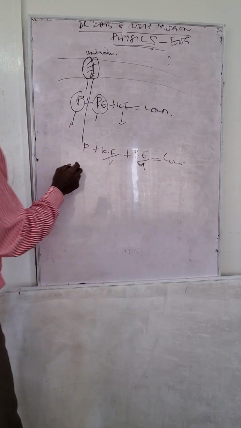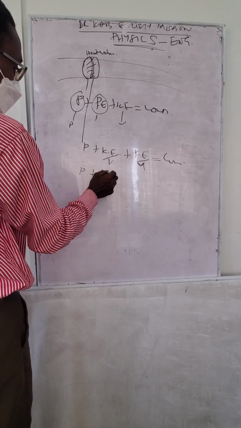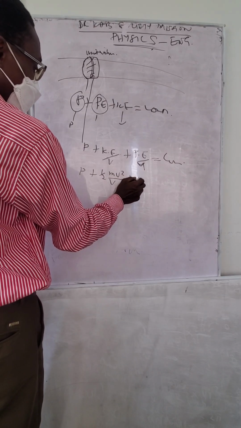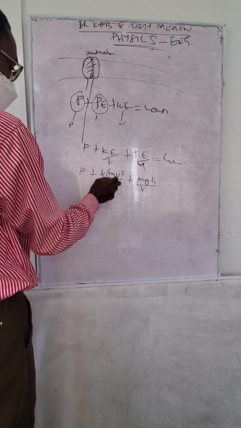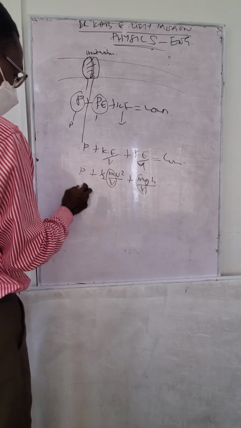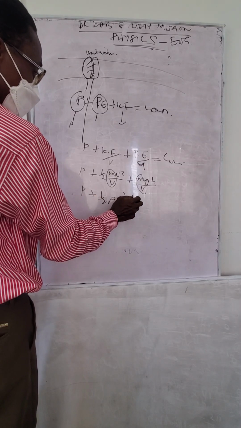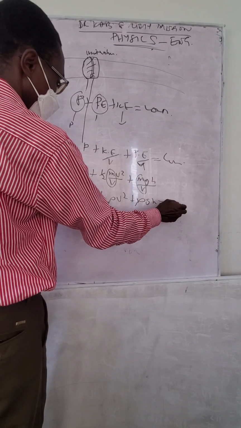Now the kinetic energy is half mv squared over volume, plus mgh over volume. You realize that m over volume will give you density. So P plus half density v squared plus density, which is rho gh, is equal to constant.